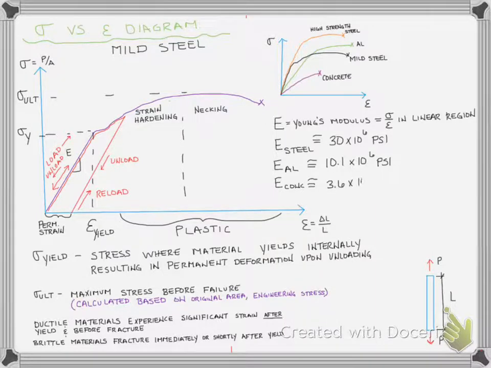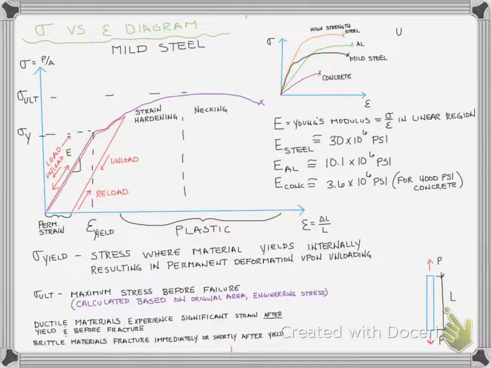Concrete's modulus of elasticity is a function of the concrete strength. So if you happen to have designed a concrete that has a strength of 4,000 psi in compression, then you end up with a Young's modulus of about 3.6 times 10 to the 6 psi.